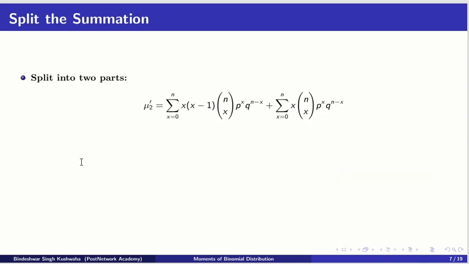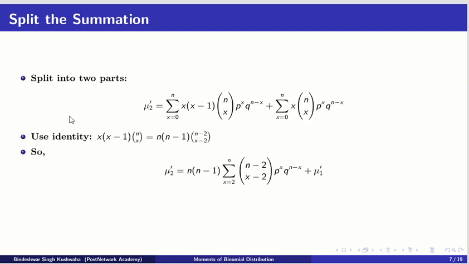Now just express it, and thereafter if you split it into two parts, we will get this. Now you can see that if you use this identity, it would be equal to this part.